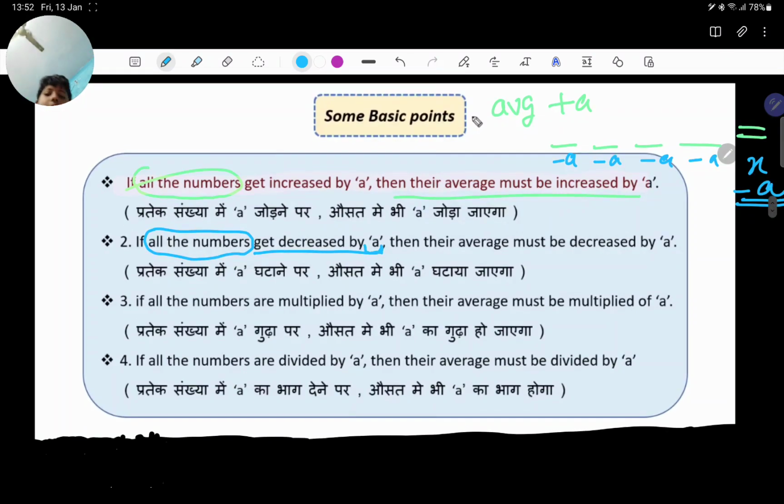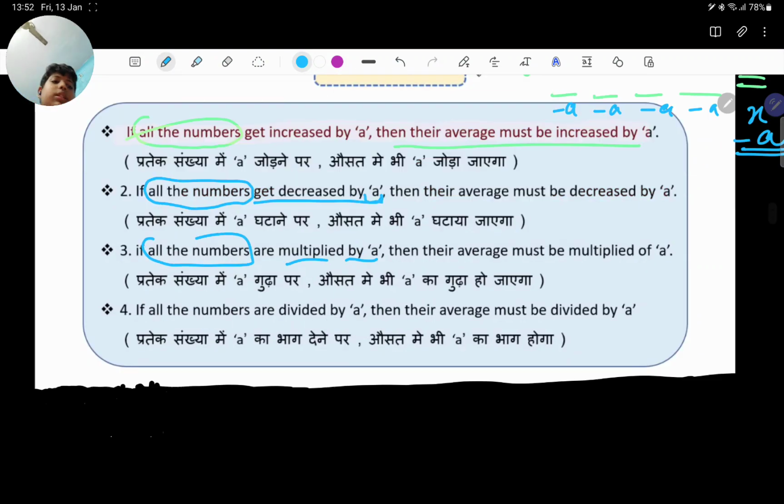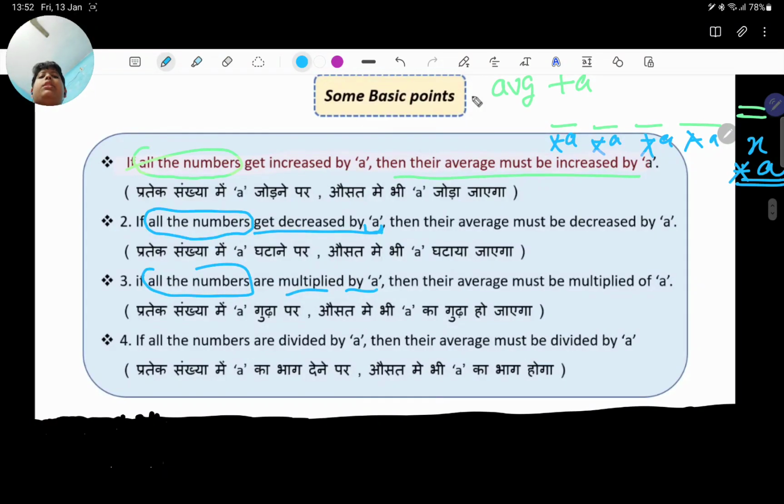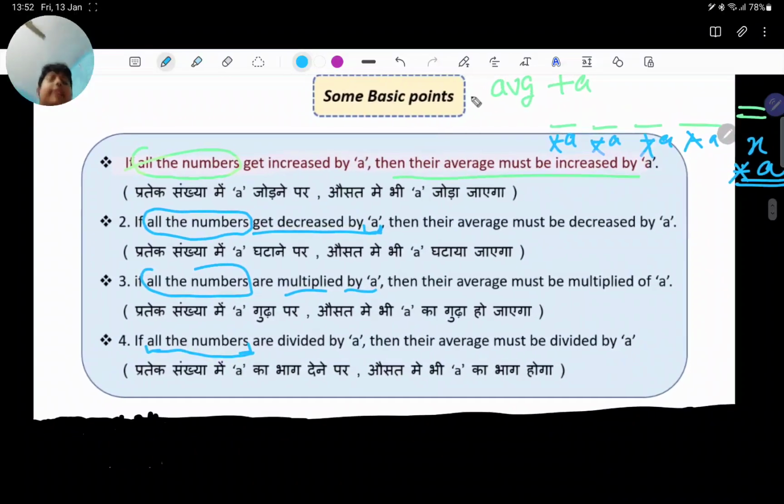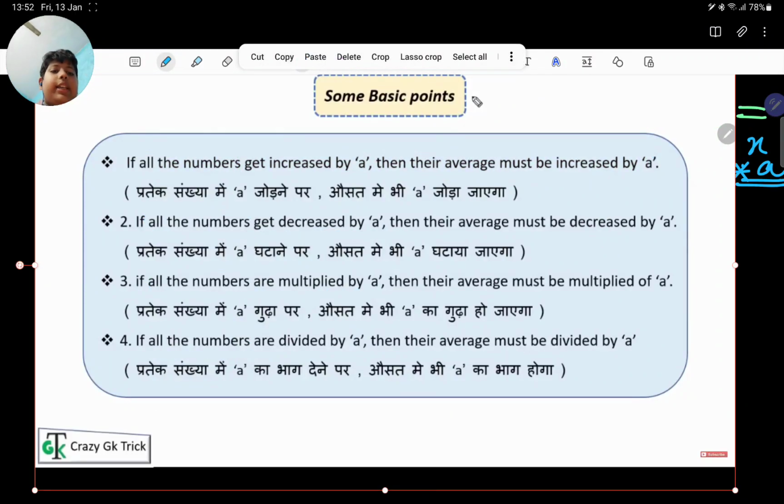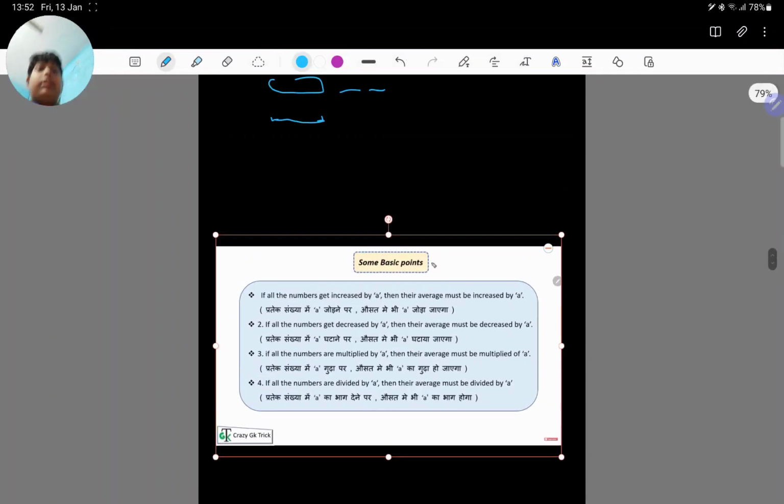The same happens when we multiply all the numbers by a. So this could also be 80 multiplied by a, so x will also be multiplied by a. And it also happens when we divide by a. But all the numbers have to be kept in mind, all the numbers. So I think this is clear. We will get some questions and solve them in another video. Let's look at the observations divided by a.